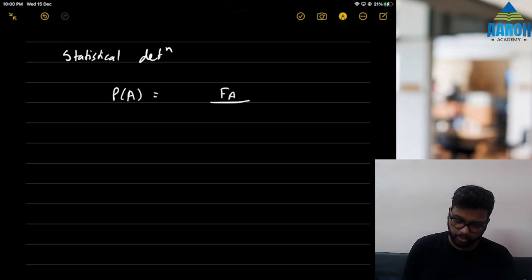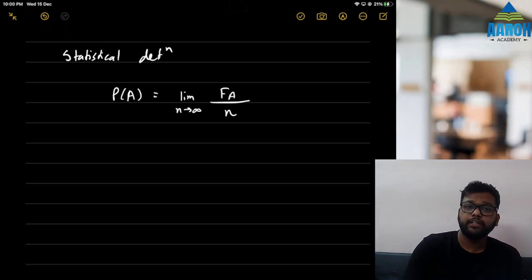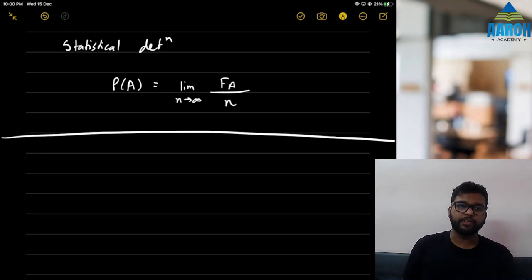Frequency of A upon total frequency, or n rather, where n tends to infinity. Again, might be important from MCQ point of view because they sometimes ask a definition in the MCQ. So limit n tends to infinity, frequency of that event divided by total frequency, that is the statistical definition of probability. Fine.